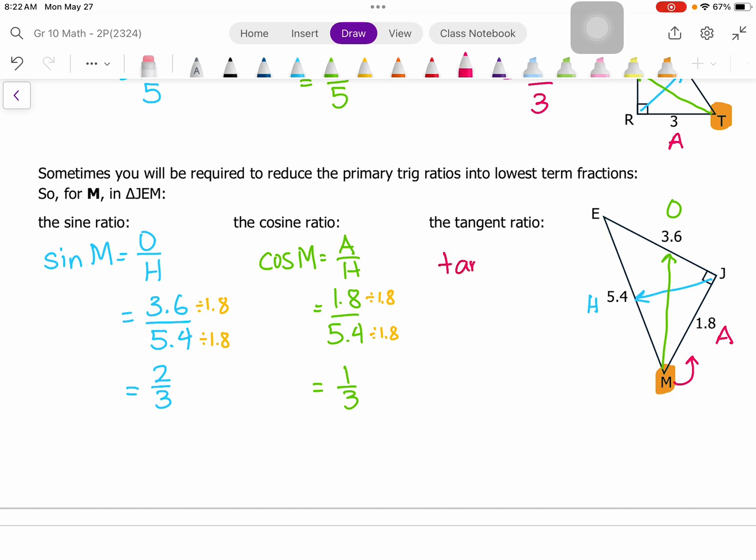Tan of angle M is opposite over adjacent. Opposite is 3.6 and adjacent is 1.8. I can divide each by 1.8, or I can do 3.6 divided by 1.8, and that gives me 2. So there are my sine, cosine, and tangent ratios for angle M in this triangle.